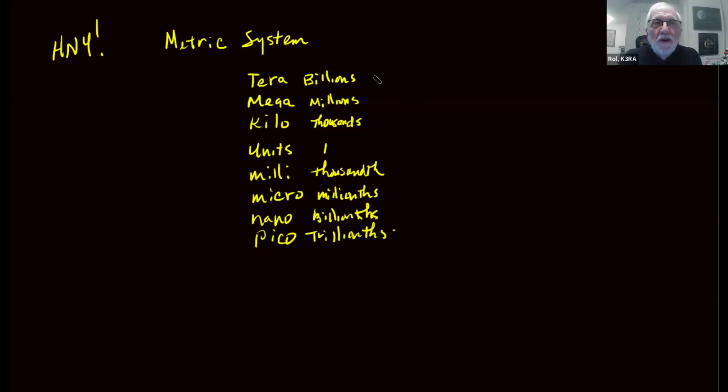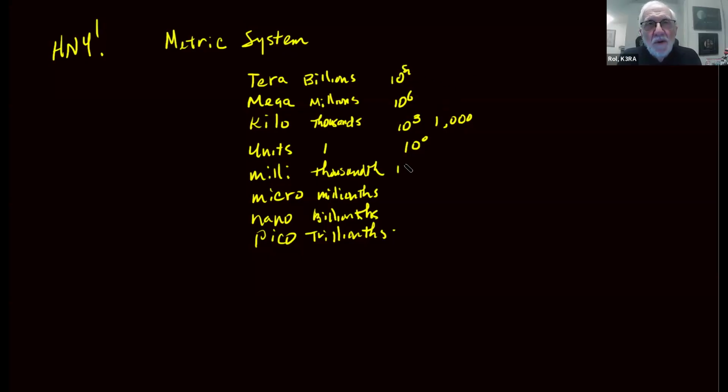So if we put these in powers of 10, this is 10 to the 0. Anything to the 0 is always 1. This is 10 to the third. It means 1 followed by 3 zeros. And millions is 10 to the 6, that would be 1 followed by 6 zeros. And billions would be 10 to the ninth, or 1 followed by 9 zeros.